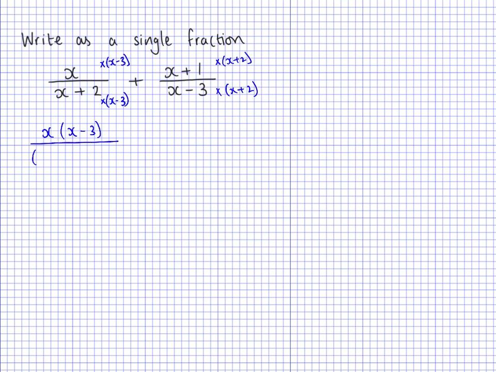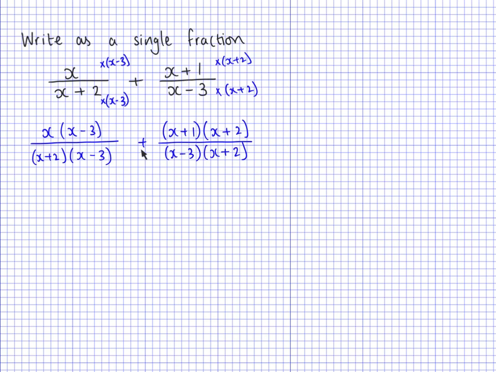At the bottom, I'm going to get (x plus 2) and (x take away 3). And then I have an add. And then x plus 1 needs to multiply, so I have to put this in brackets. (x plus 1)(x plus 2). And at the bottom, I'm going to have (x take away 3) and (x plus 2).